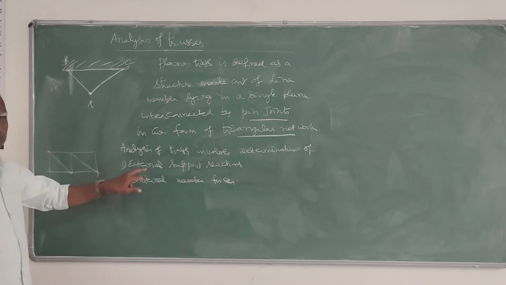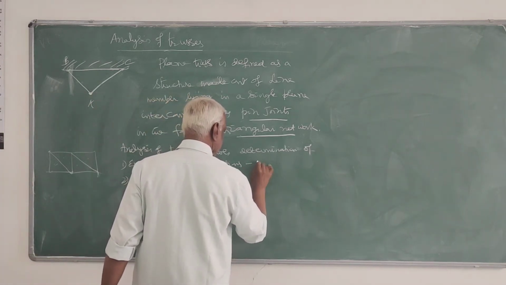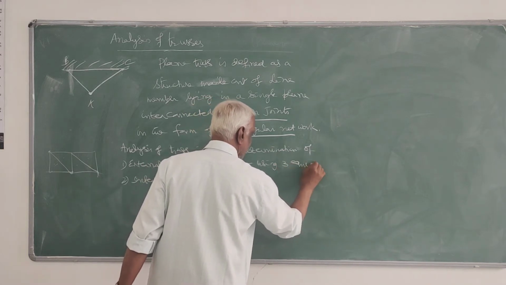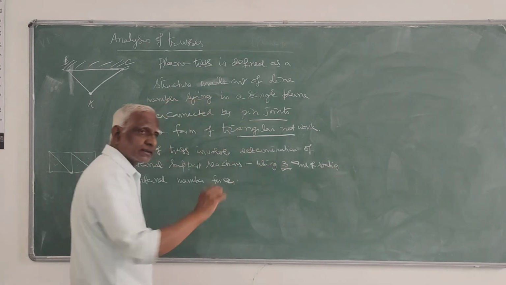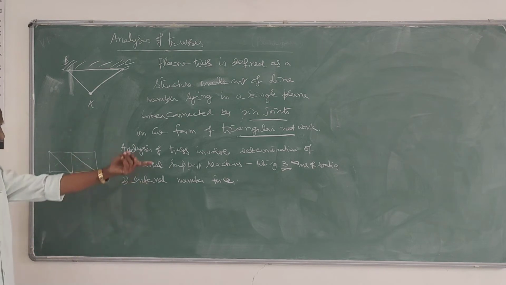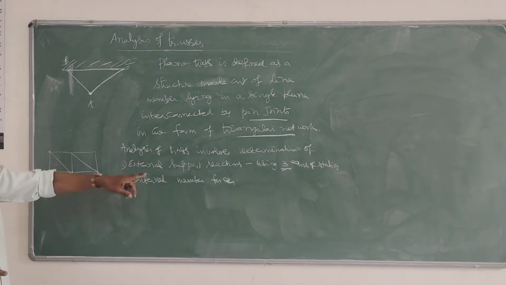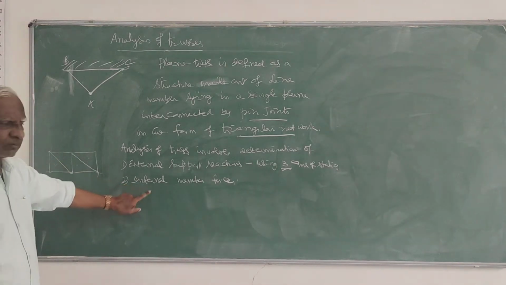So here for these two, as we have seen in beams, external support reactions use three equations of statics. We have to use all three equations of statics for reactions, just like beams, as I have shown. You have to identify the supports, find the support reactions, and apply three equations of equilibrium to evaluate the support reactions. And then internal member forces.